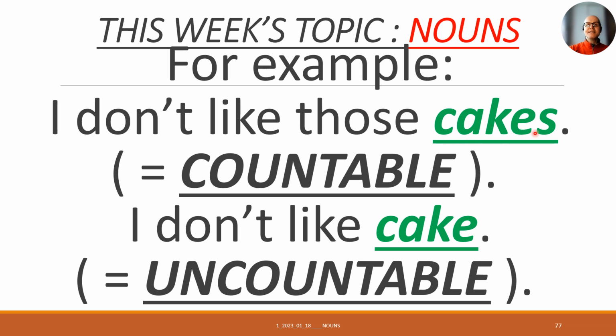Cakes in this sentence is countable. However, if you were to say I don't like cake, then that would be uncountable. In this sentence, I don't like those cakes, it's countable. But if you were to say I don't like cake, that would be uncountable.